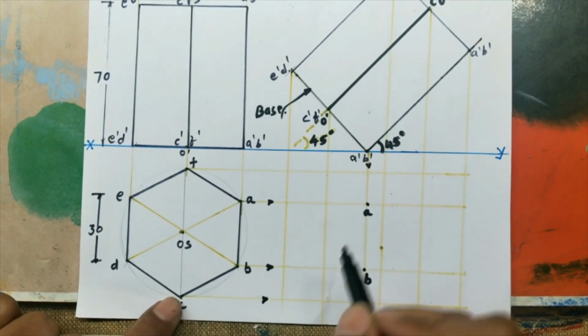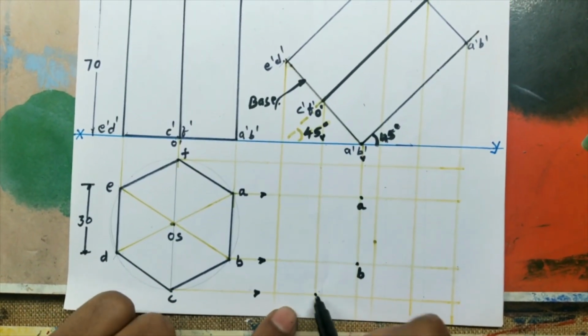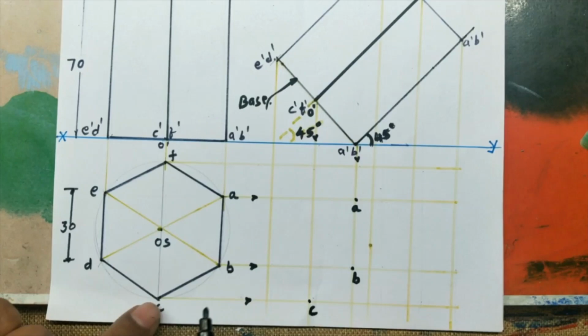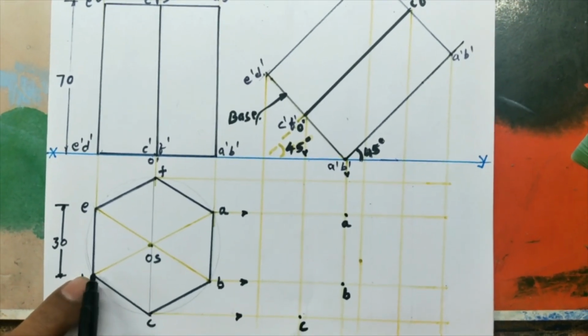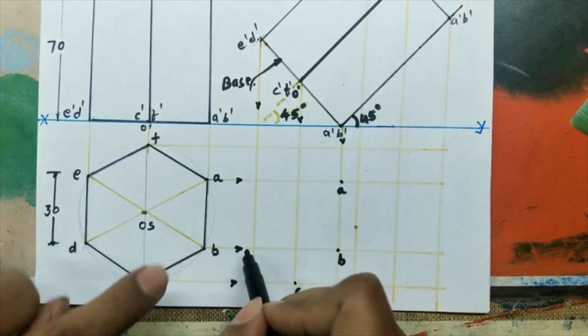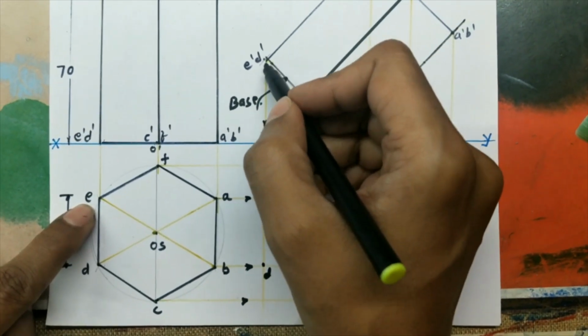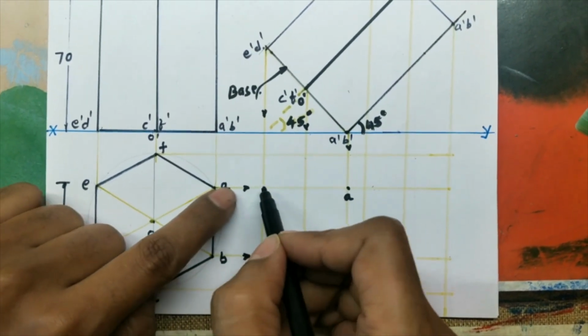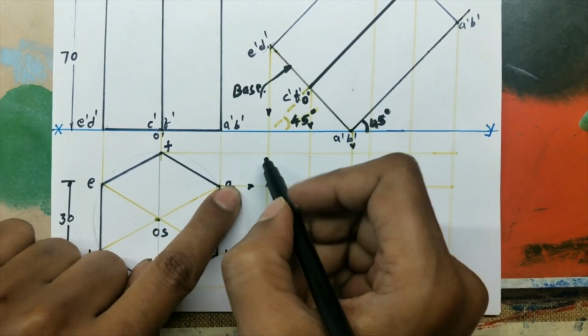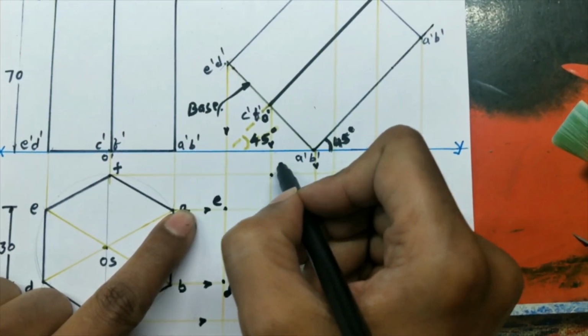C, you go like this, come in a downward direction here, again this and this point will get intersected, this will be C. Then I am projecting here from top, again I'll project, this point will be my D. Then E, again project downward, go in a horizontal direction, this will be my E, and this point will ultimately be the F.